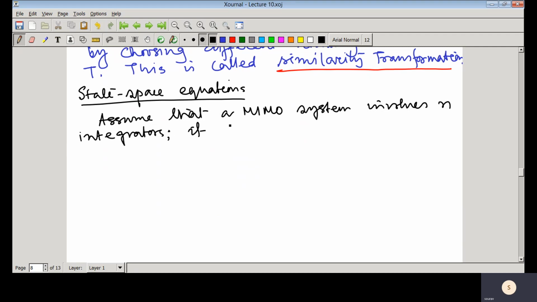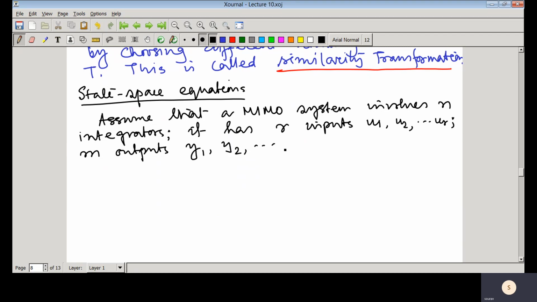It has r inputs, r number of inputs, that is u1, u2 to ur, and m outputs, that means m number of outputs, that is y1, y2, to ym.